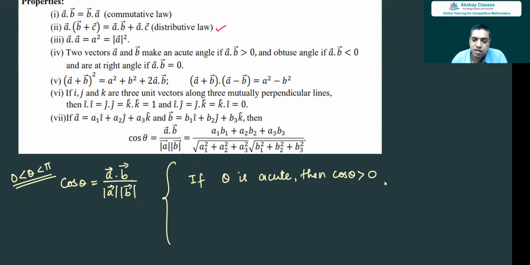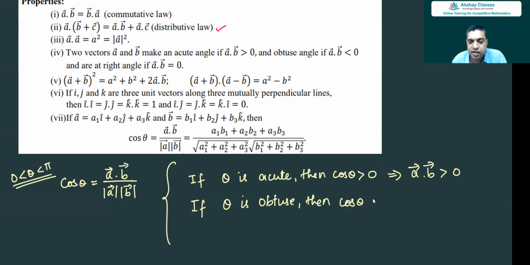So which means the dot product will be positive. If theta is obtuse, then cos theta will be negative, which implies A dot B is negative.